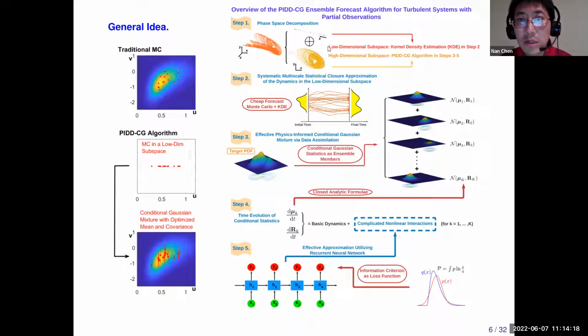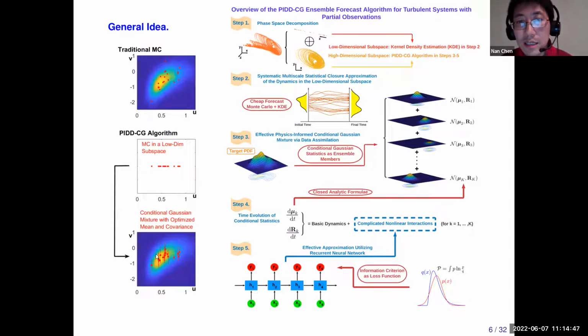And when we try to deal with this low-dimensional subspace, we know that actually the state variable is fully coupled with those state variables in the high-dimensional space. So what we have to do is build a statistical closure approximation of the dynamics in this low-dimensional subspace, such that we can just run this low-dimensional equation and get at least some approximation of the PDF related to this low-dimensional space.